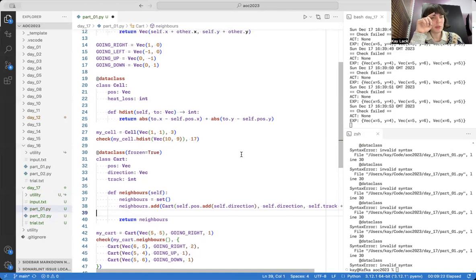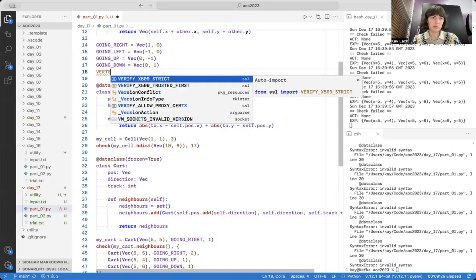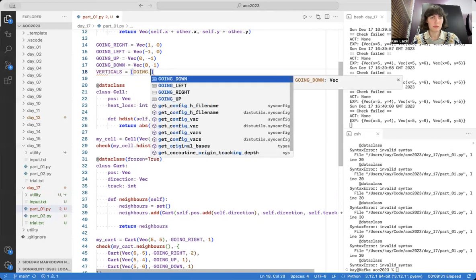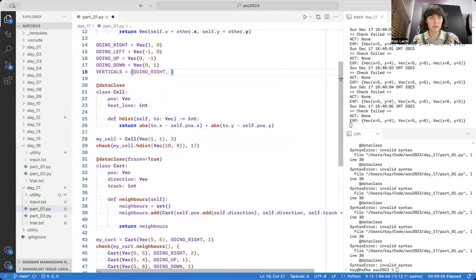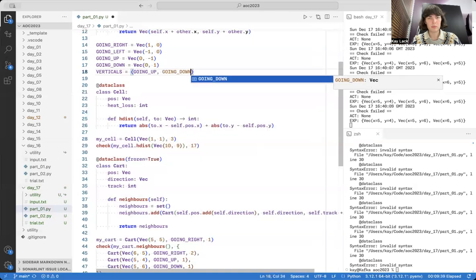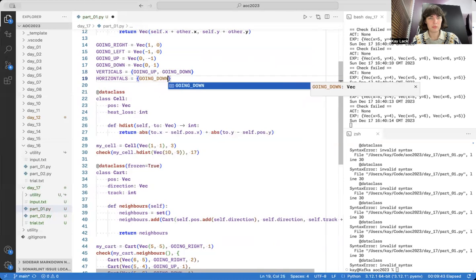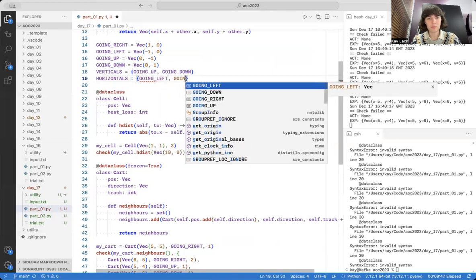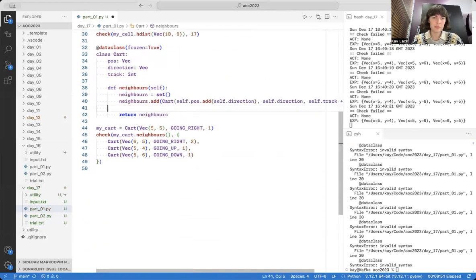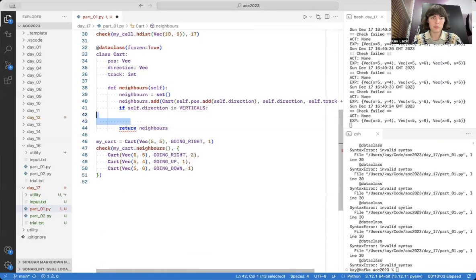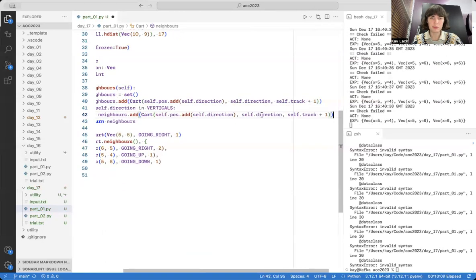If we're going up, we can go, okay, fine. If we're in the verticals, then we can switch direction and go horizontal, with the track now of 1.